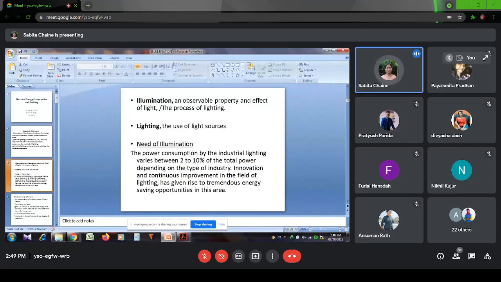By improvement in the field of lighting, we can save energy. That's why we are studying illumination. All of you now know what illumination is and what the need for illumination is. By studying illumination you can improve the lighting and thereby save energy.